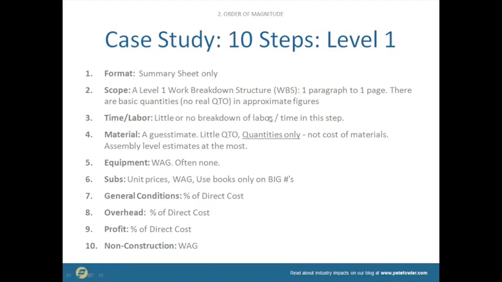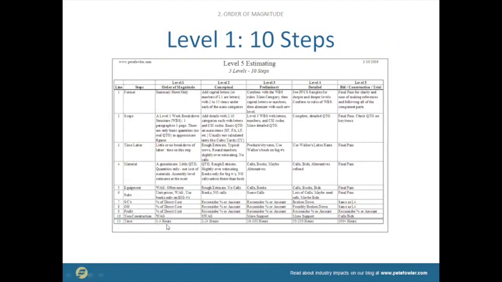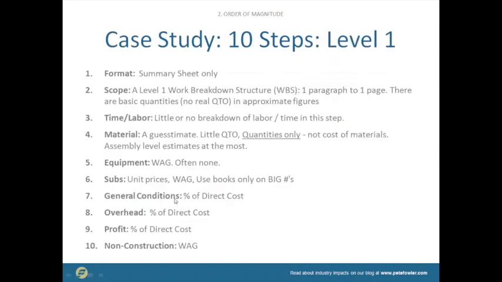So there's little or no breakdown of time and labor in this step, but sometimes if you're really unsure about any particular big number, you can drill down into it. So, if I go back to this, you might be able to see on the screen, it says 1 to 4 hours to do a level 1 estimate. All right, so if there's one number that's big and you're not sure about it, it's a peculiar assembly, we might make some calls.